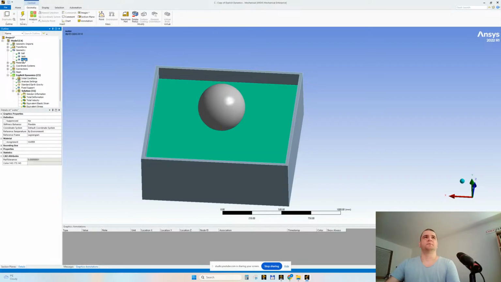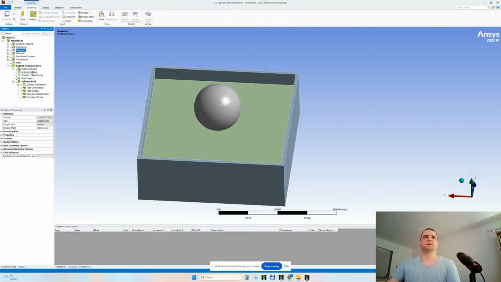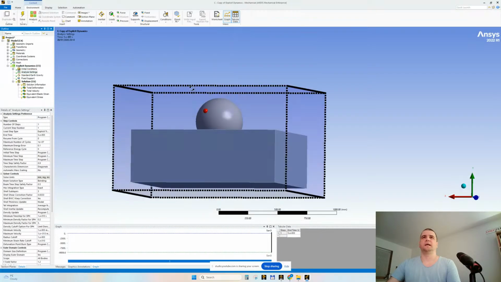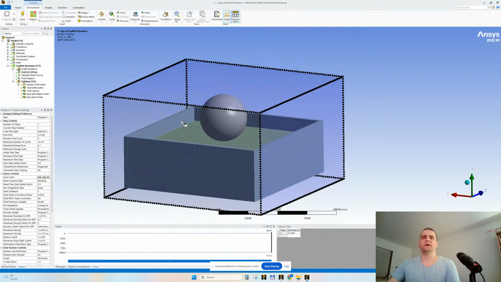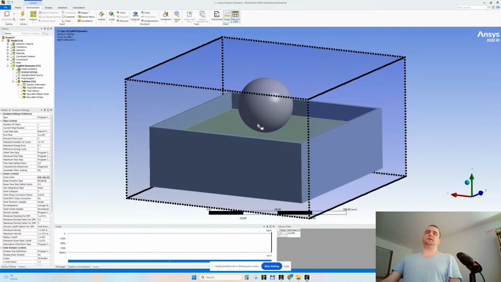Following the topic of this simulation, let's change from Lagrangian to Eulerian. All right, virtual frame. This virtual frame, and the immediate difference is this one. When you click analysis settings, you can see that we have a virtual frame where the Eulerian bodies, which are fluids, yes, liquids and gases, can exist in this virtual Eulerian frame.